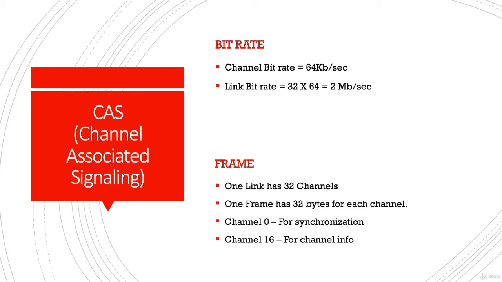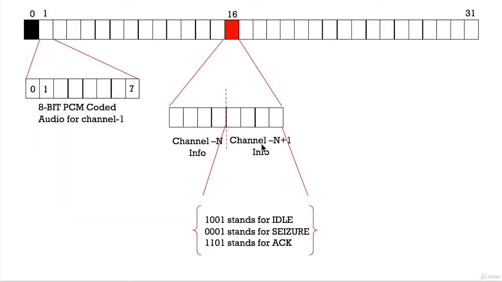The 0th is for synchronization purposes. So this is one frame of channel associated signaling. So you can say on one link, the data and the control information is transmitted from one exchange to another over these frames.